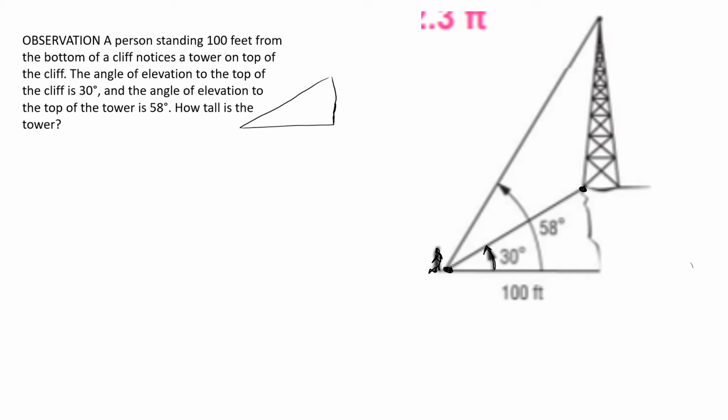I am just drawing this part and trying to set up the equation. So here there is 30 degrees, and let's suppose the distance along the ground is 100 feet. Let's suppose the side opposite to the angle is x. So first of all, try to find the x value.